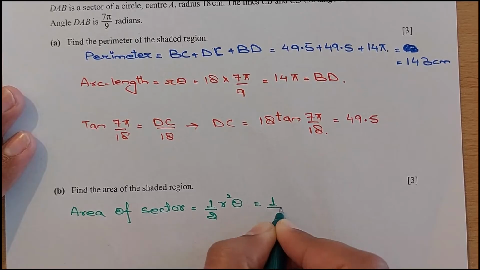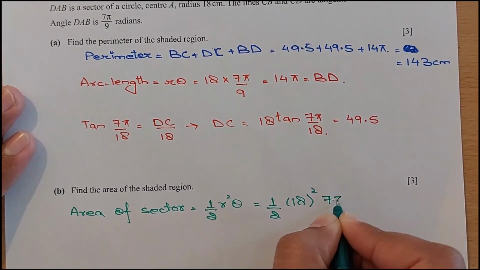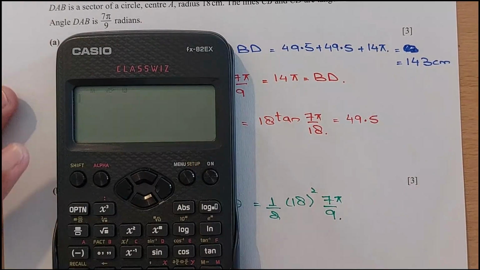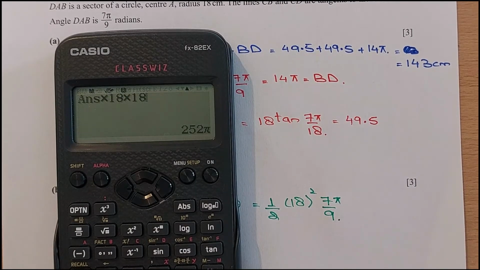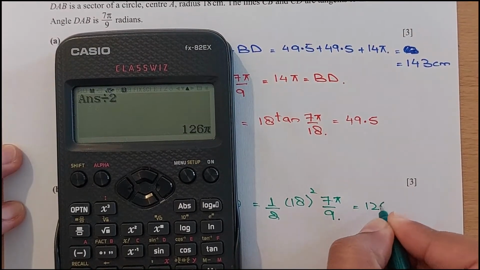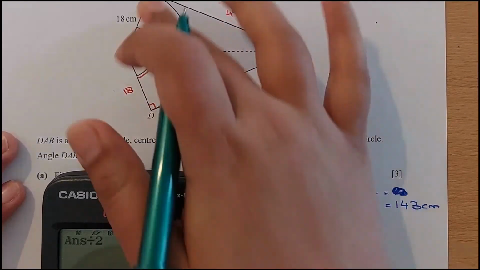We have half, radius is 18 squared, and the theta we have is 7 pi by 9, right? Let me simplify. We have 7 pi divided by 9 times 18 squared divided by 2, that is equal to 126 pi. This is the area for the whole sector, right?